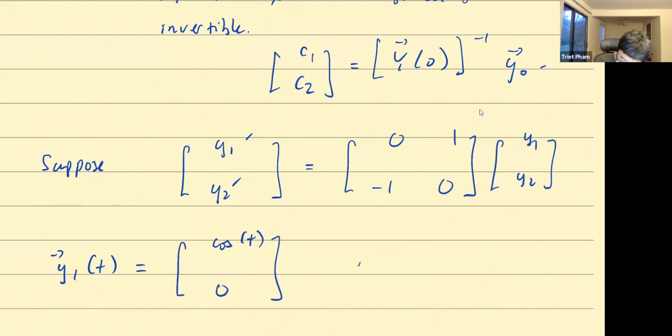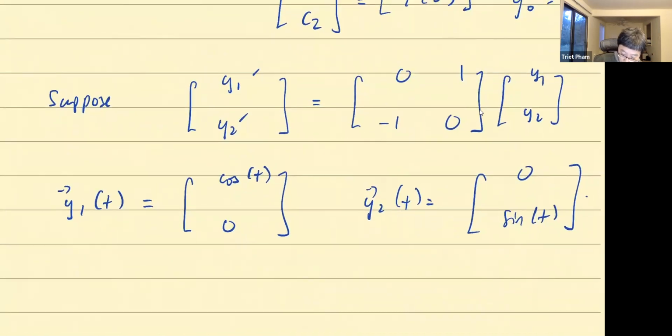I'm not sure if this is true. Let's just pretend that this is the solution, cosine t and 0 sine. No, that's bad. Hold on, sorry. The reason it's bad is I'm just giving you a bad example. Let me try again.